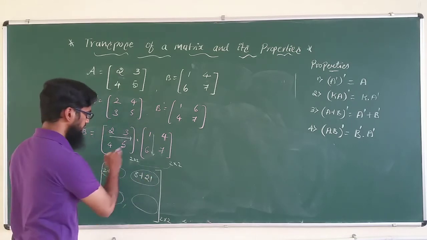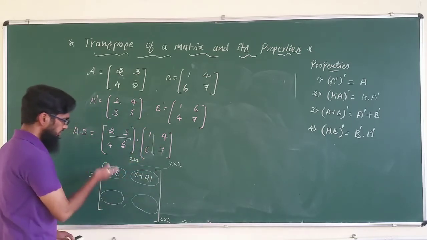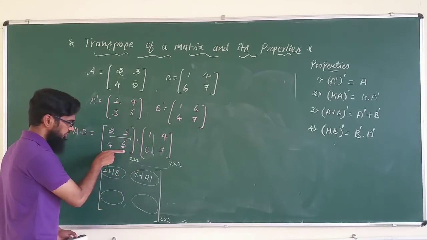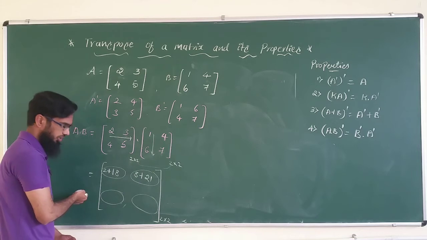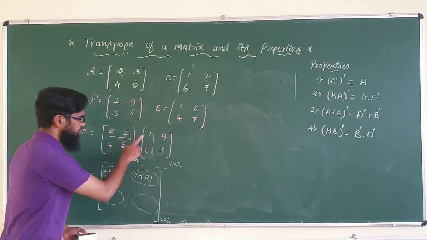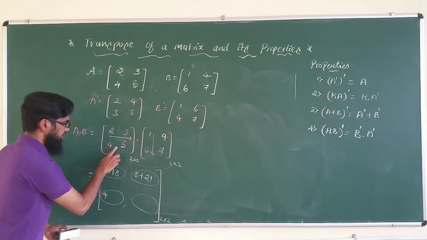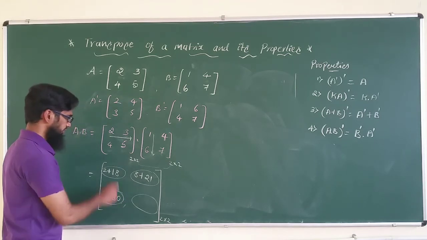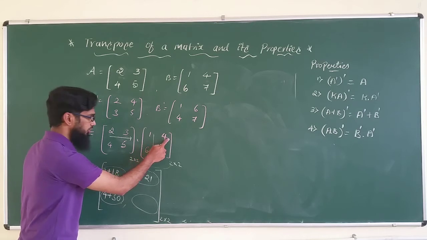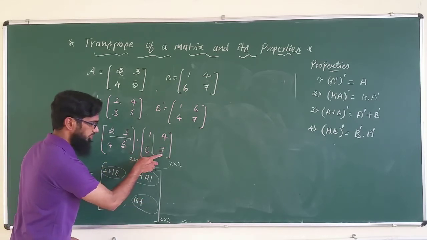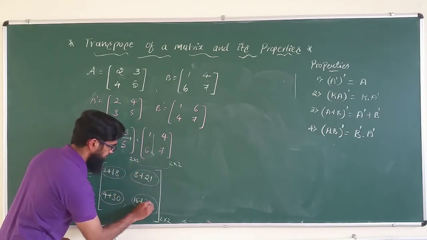Now consider the second row, first column: 4 times 1 is 4 plus 5 sixes are 30. Again the same row with the second column: 4 fours are 16 plus 5 sevens are 35.